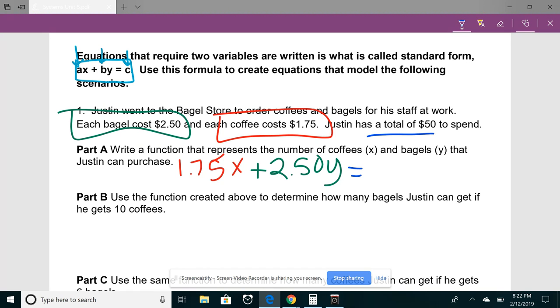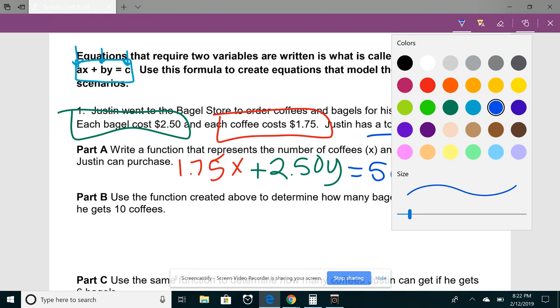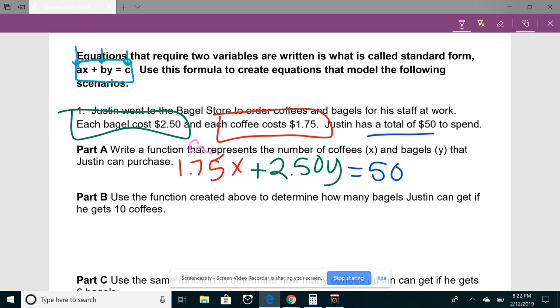So equals 50. So this equation is in standard form. In this case, my A is 1.75, my B is 2.50, my C is 50. So that's an equation in standard form.